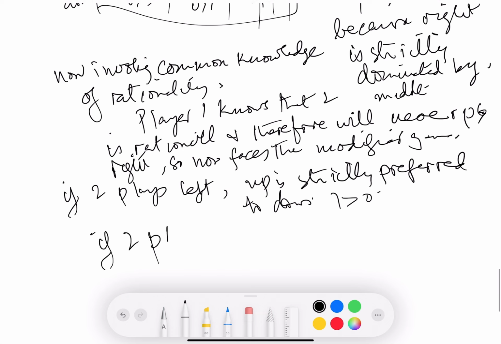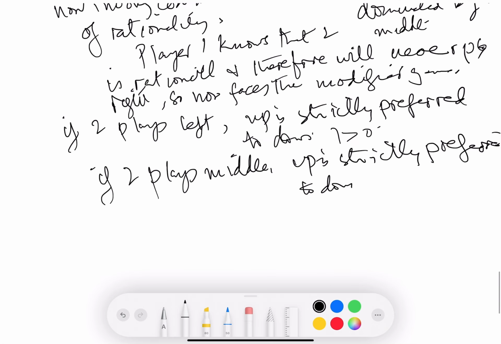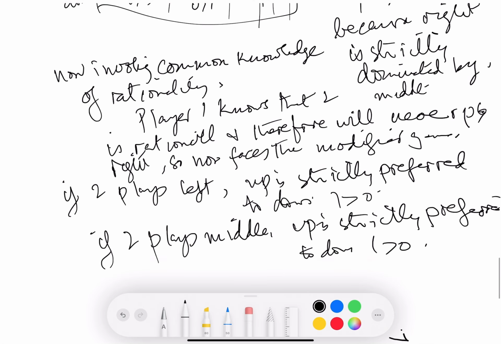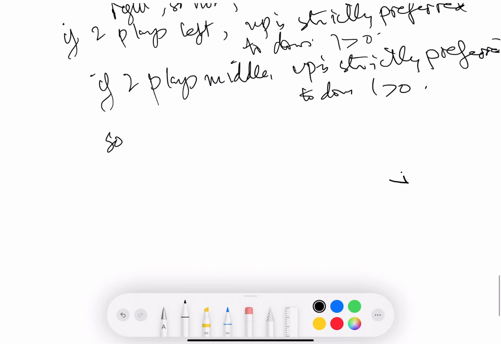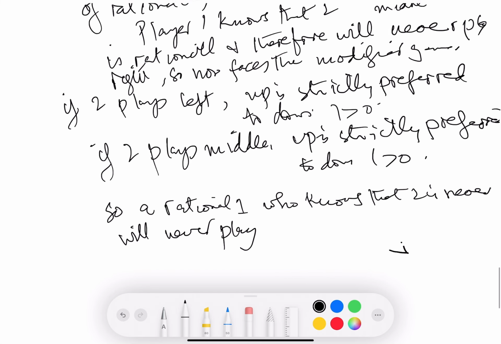If 2 plays middle, up is still strictly preferred to down, right? 1 is greater than 0. So a rational 1 who knows that 2 is rational will never play down.